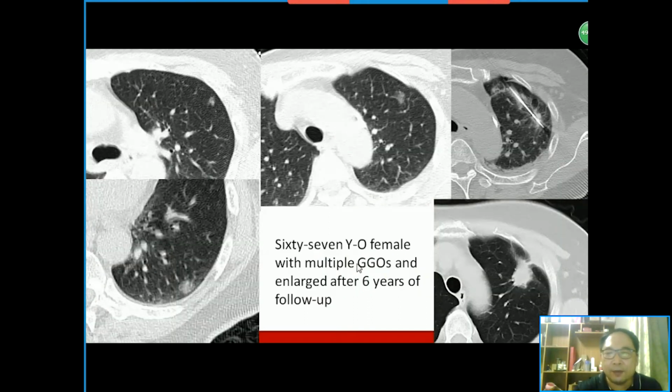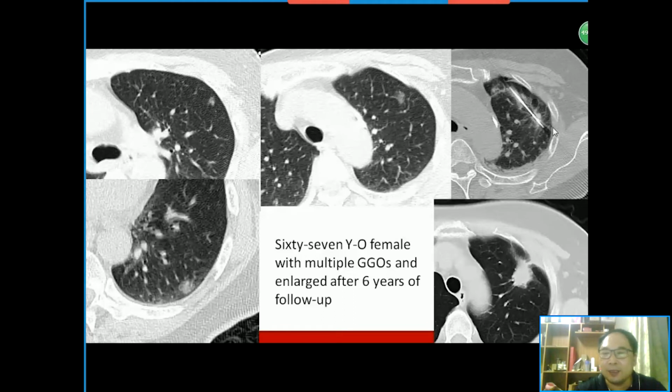This is a 6-year-old female patient with multiple GGOs that enlarged after 6 years of follow-up, and there are lots of other lesions. At first, the doctors asked her to accept surgical resection, but later she learned that there was a technology of ablation, so she came for help, and we did microwave ablation.